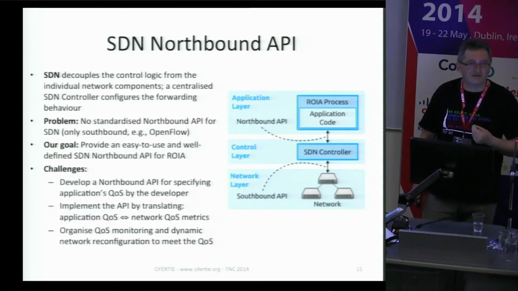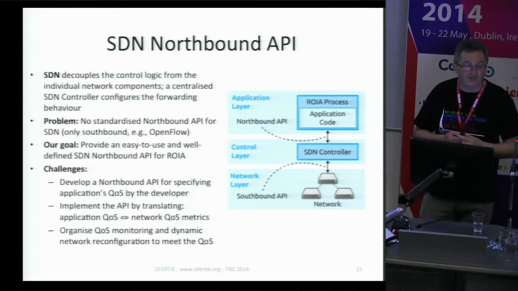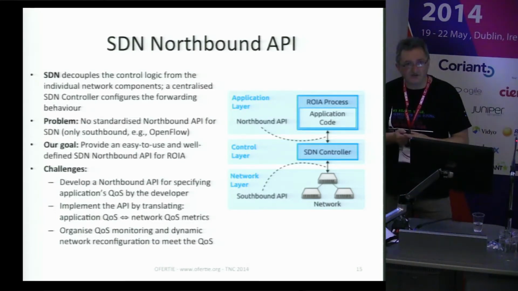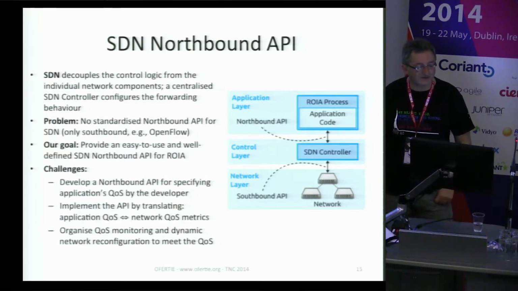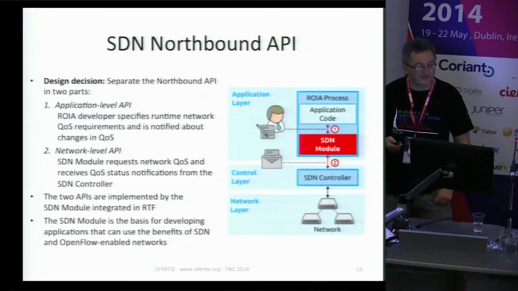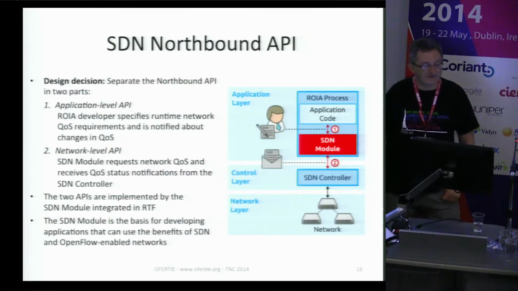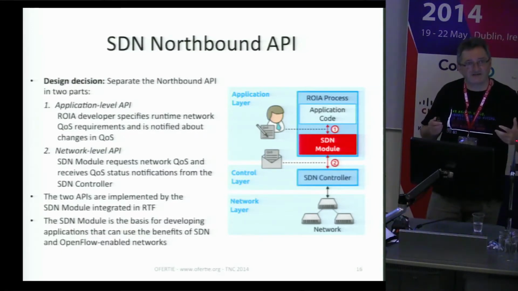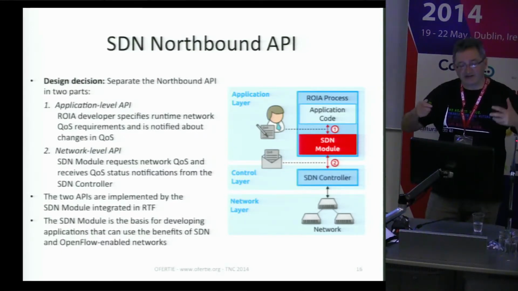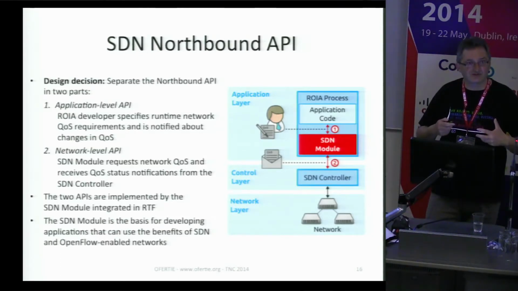The challenge here was to develop this northbound API for application QoS, and to abstract that away from the application developer having to provide specific QoS metrics to deliver that. In terms of the design, we split that into two parts. There's an application level API where the application speaks to an SDN module, which can be integrated with the real-time framework.